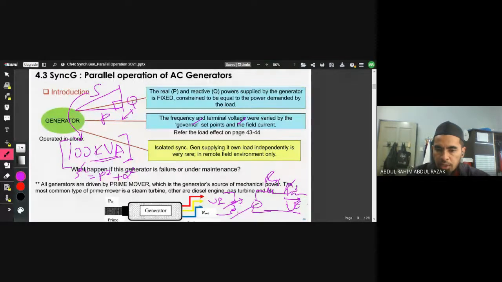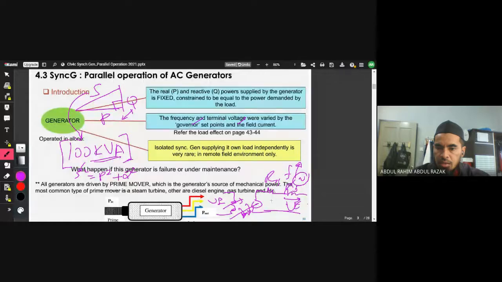Frequency will be controlled by the rotation frequency of our shaft. The faster the shaft rotates, the higher the frequency will be. And we are supplying an AC source to the load, so this is an AC generator.